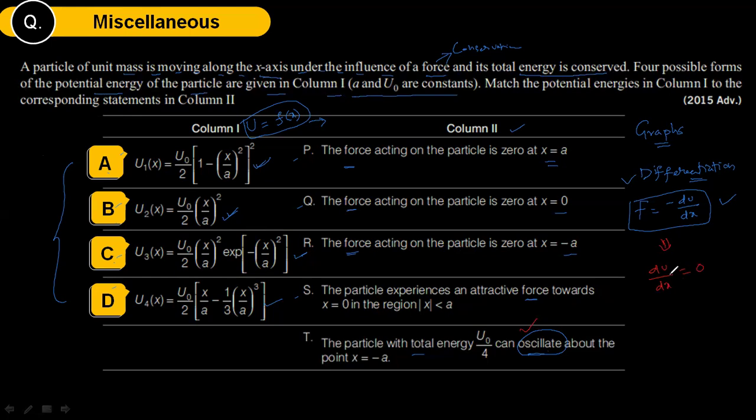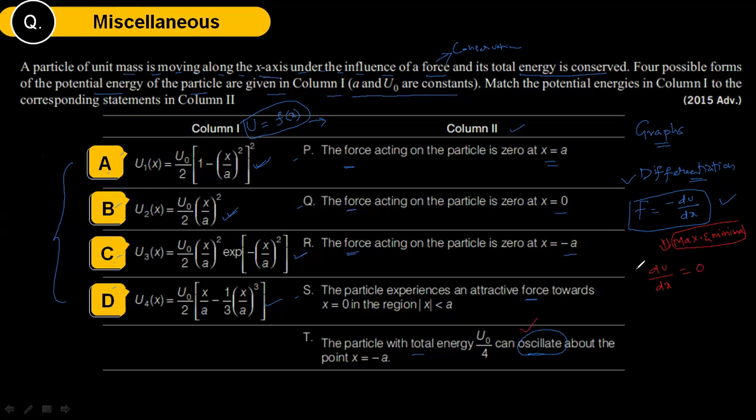I repeat, students, after calculating dU/dx, equate it to 0, and keep in mind that I am going to make use of the knowledge of maxima and minima in functions.